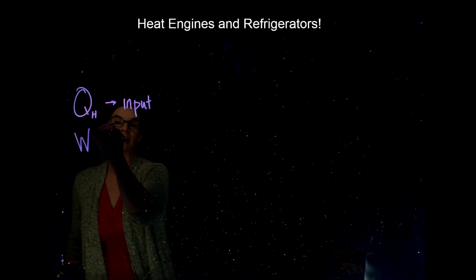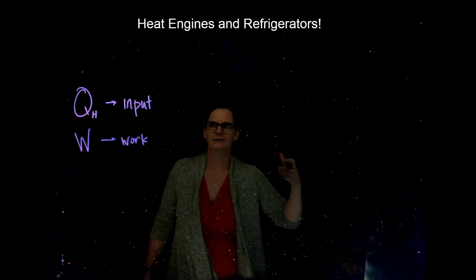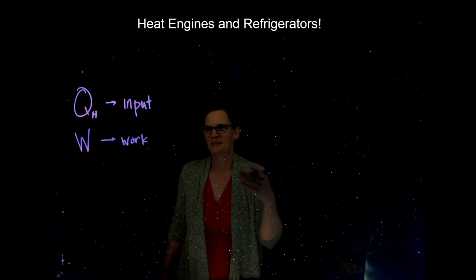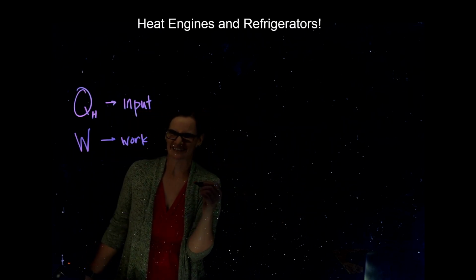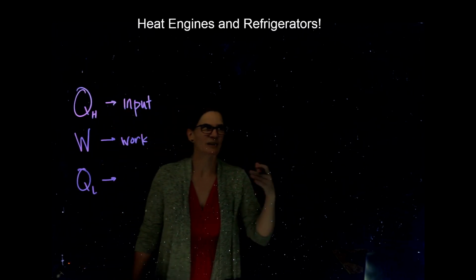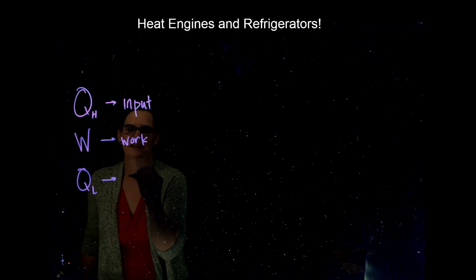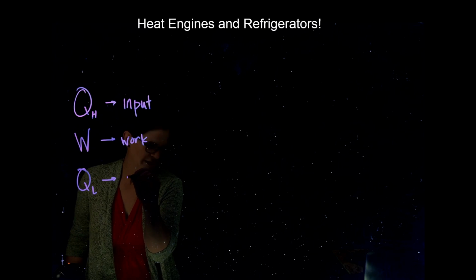We then, of course, have the work. This is the work we get out of the input heat. And then we have kind of what's wasted or the leftover heat that wasn't all the way used for work. Because again, it's hard to do that. So this is the output heat.